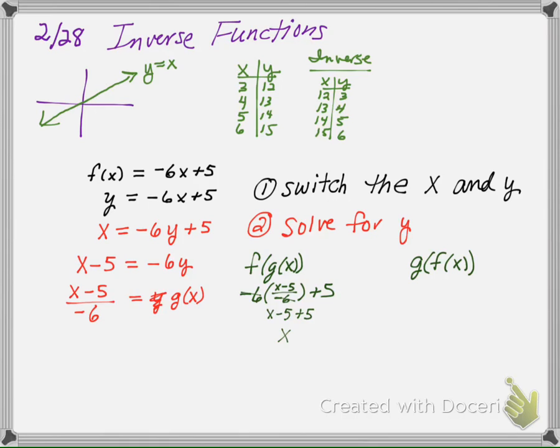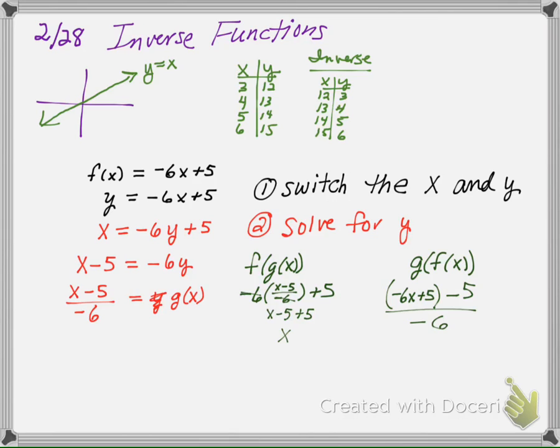Now let's verify using g of f of x. What does the g function do? Something minus 5 divided by negative 6. What's the something? Negative 6x plus 5.